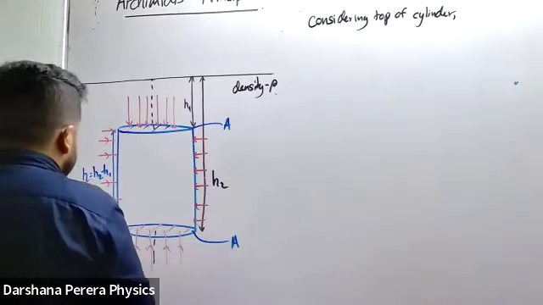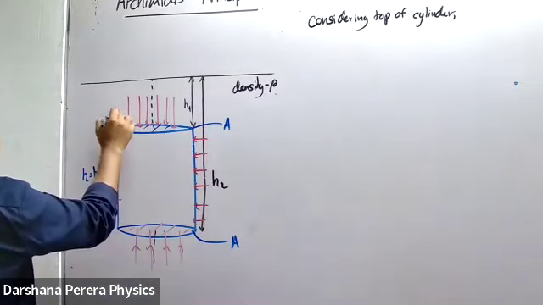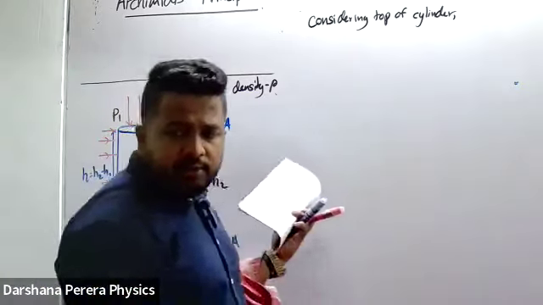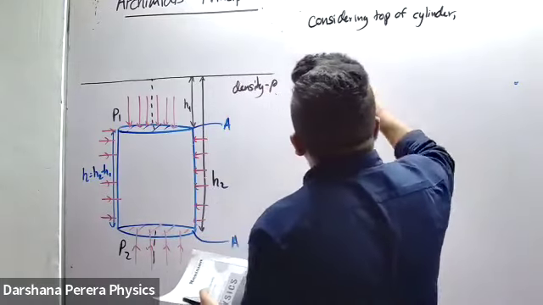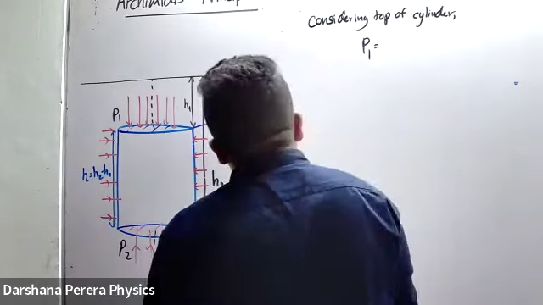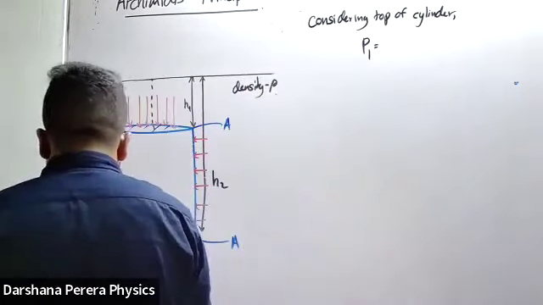I take it as P1, and the bottom one as P2. Draw it in the same diagram. So the pressure acting there is P1. P1 equals what? Okay, let's go.